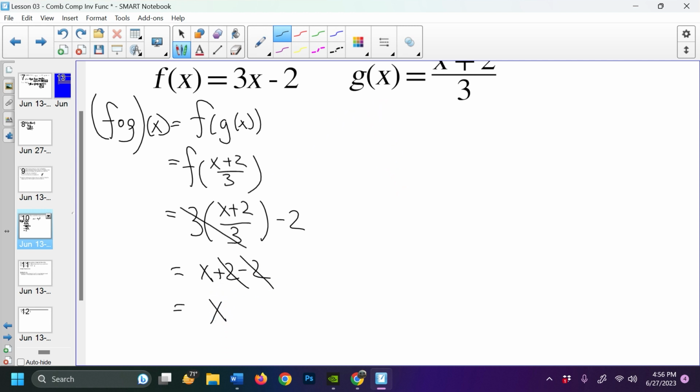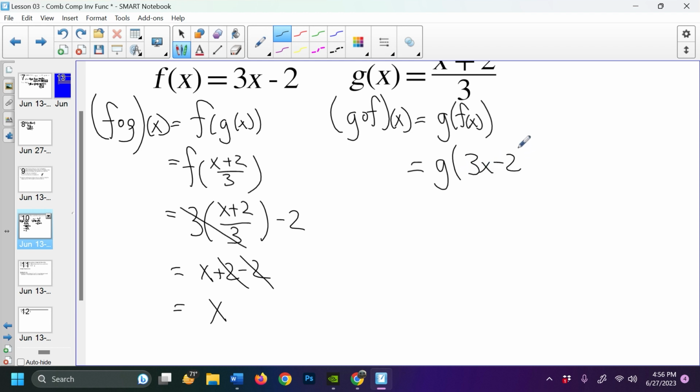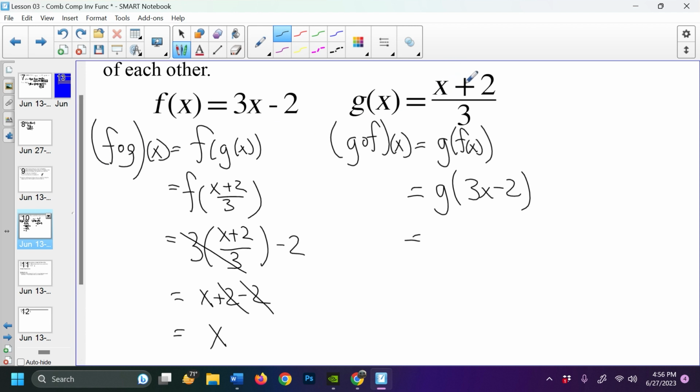Then I have to compose g with f of x, which is g of f of x. And f of x is 3x minus 2. g says take something, add 2 to it, and then divide the whole thing by 3.